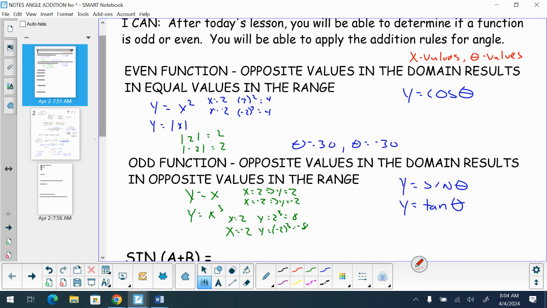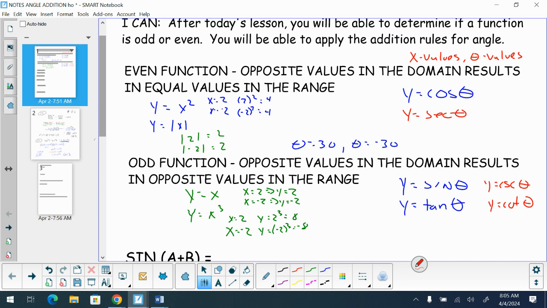How about secant? Well, secants are reciprocal to which one, sine or cosine? Cosine. So it falls right in line. If I have opposite values and then I flip it over and reciprocate it, I'm still going to get opposite values. So y equals secant of theta would be up here. And these would go down here with the sine and the tangent.